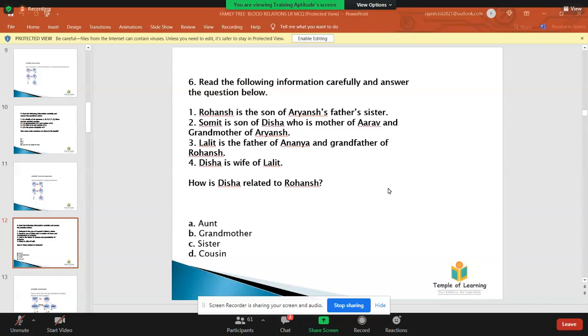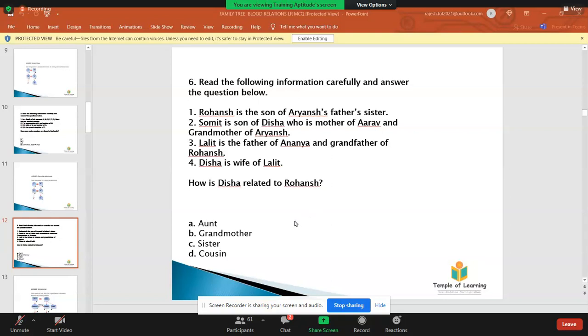Question number 6. Yes please, how is Disha related to Rohan?